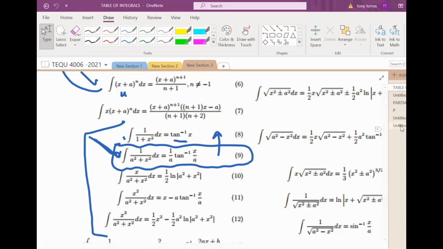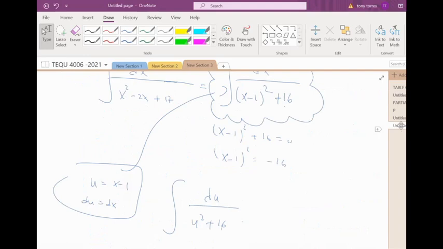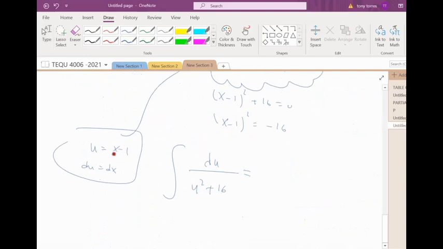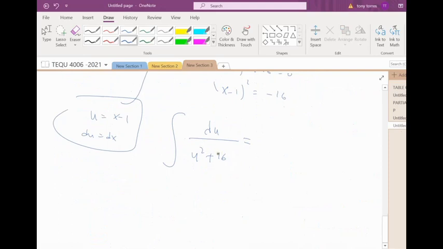Let's work back again on that. So the result here will be 1 over a. The question is, what is a? Remember, a squared is 16, so a is 4, when you take the square root of both sides. So I have 1 over 4 times the inverse tangent of x, which in this case is u, over 4.